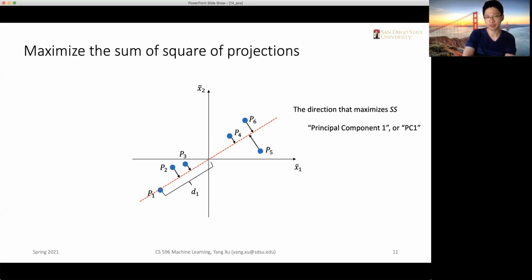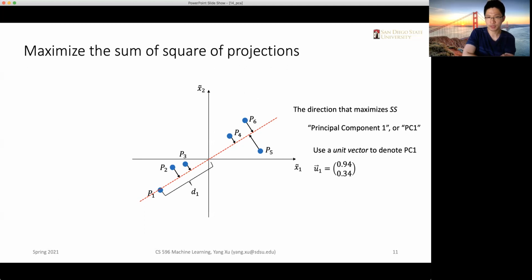If we look at the projections onto PC1, that sum of squares is actually maximized. Because PC1 is a direction, it can be described by a vector. In this case, the data is two-dimensional, so we can use a two-dimensional vector to describe the direction of PC1.